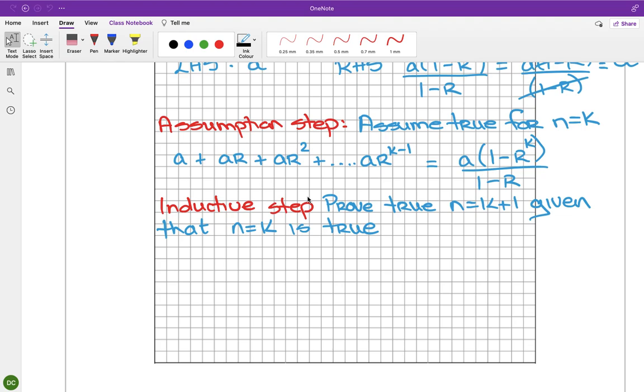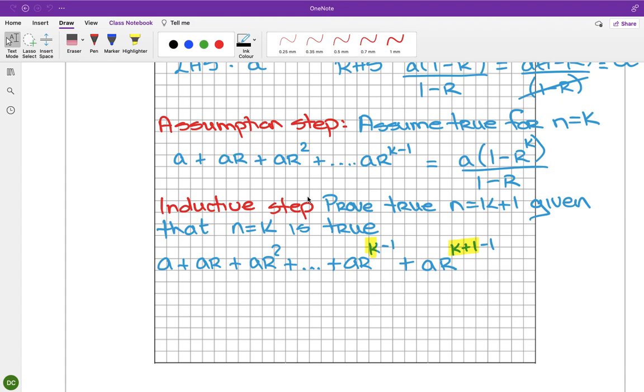Okay, so that is a plus ar squared plus dot dot dot plus ar to the k minus 1, plus ar, and now we replace k with k plus 1, so it's k plus 1 minus 1. So I replaced that with that, and the minus 1 just stayed.